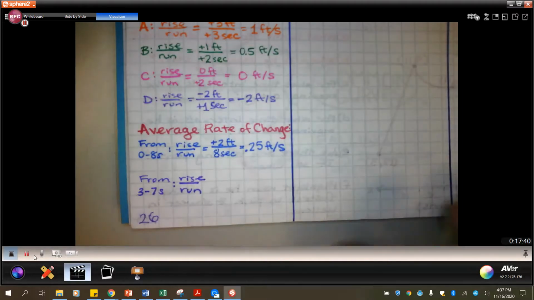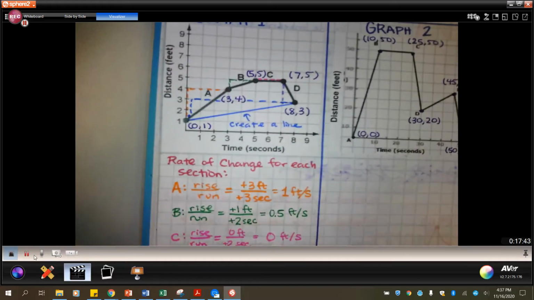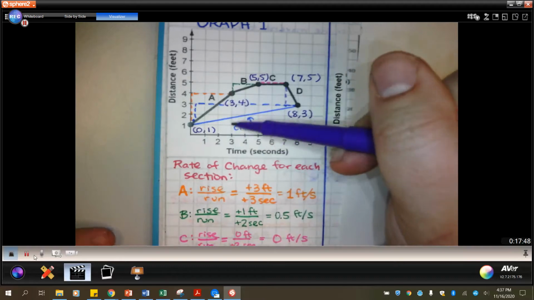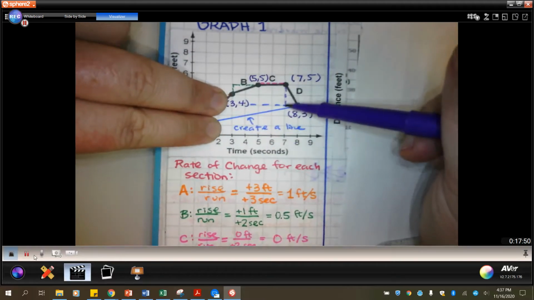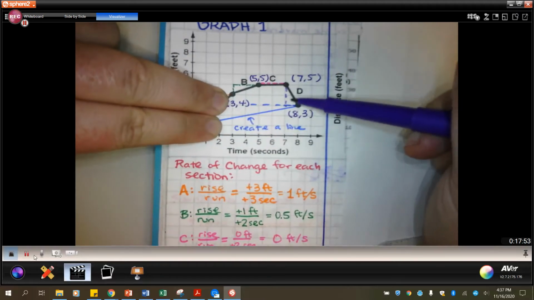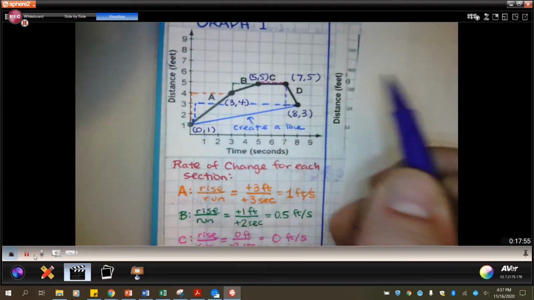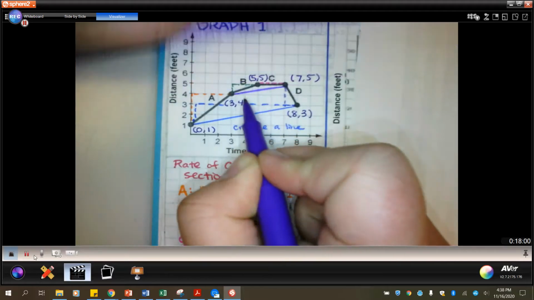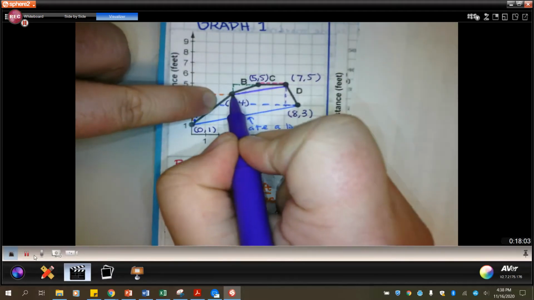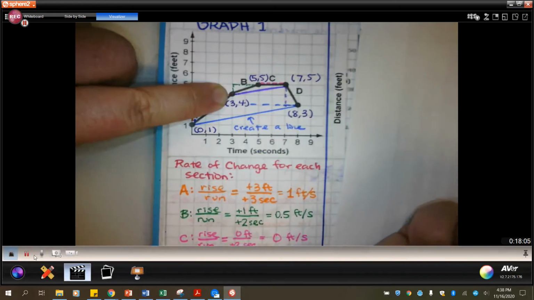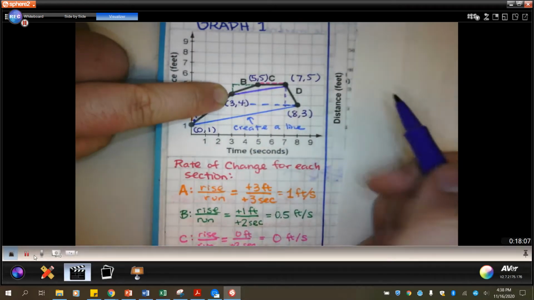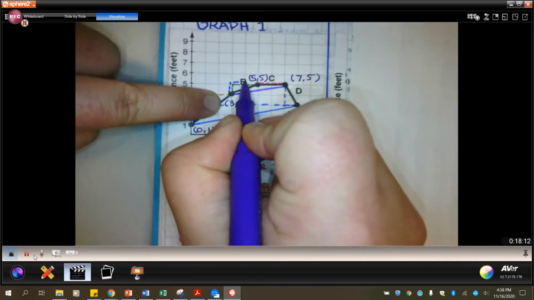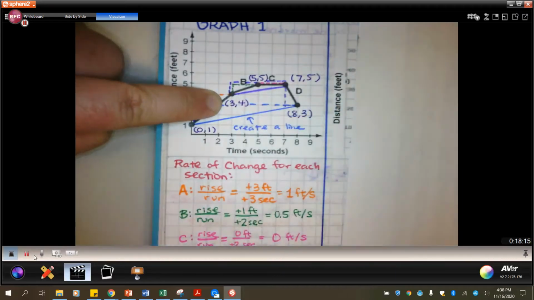So let's go back up to our graph. So 3 seconds is this point here because it's in line with 3 seconds. And 7 seconds is this point here because it's in line with 7 seconds. So what I want to do is connect those two, okay, right here. Now that includes section B and C, okay? So we can find the average rate of change here by going up and over.